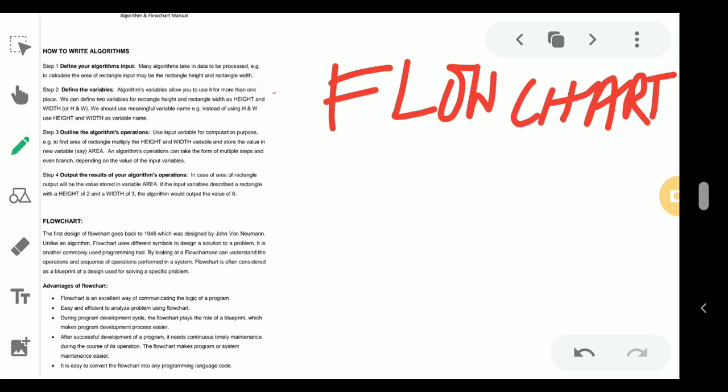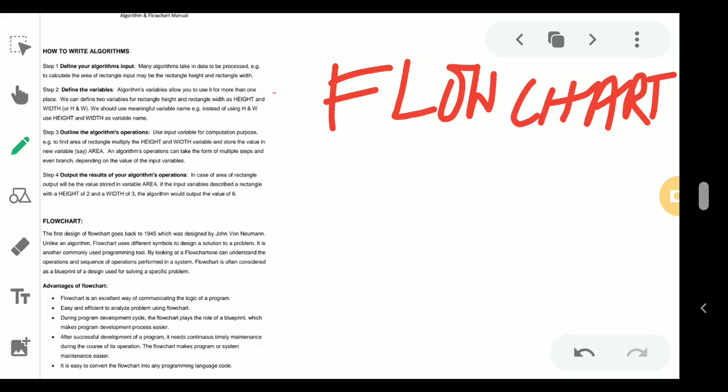He designed the architecture of a modern computer. The memory concept was introduced by him in the computer system. Previously, the memory unit was not present, but in the John von Neumann architecture design, he introduced the fifth element, the memory unit concept.